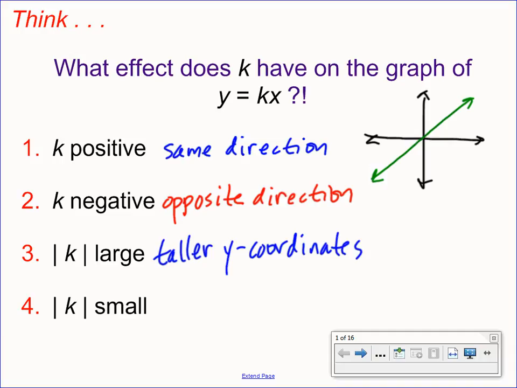That's like a fraction in between 0 and 1, like 1/2. What did that do to your line? It made it more gradual. So you're going to have to show a more gradually sloped line with your bodies. So that was shorter y-coordinates and a more gradual line. Good job.